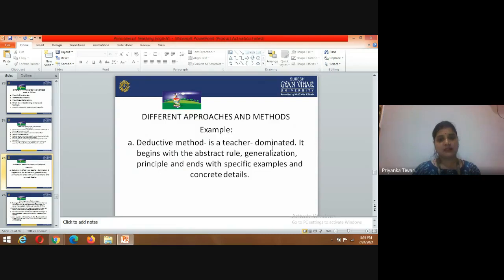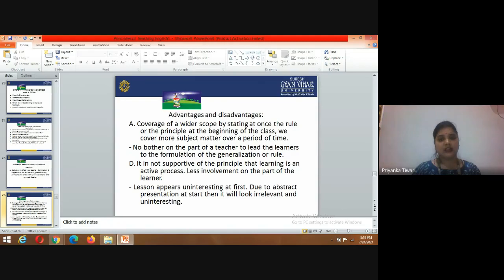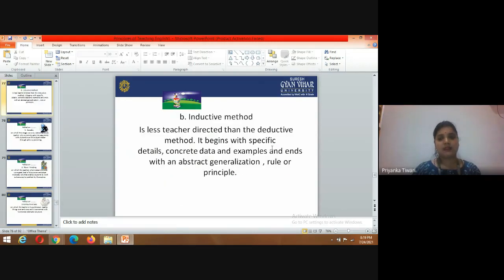Different approaches and methods, for example, the deductive method, advantages and disadvantages. The inductive method is less teacher-directed than a deductive method. It begins with specific and detailed concrete data and examples, and ends with an abstract generalization, a rule or principle.